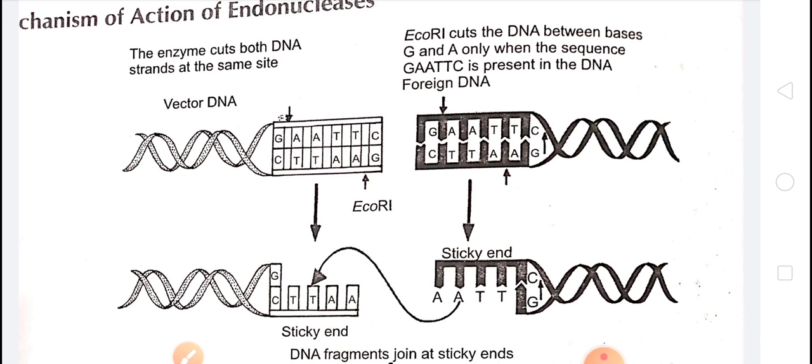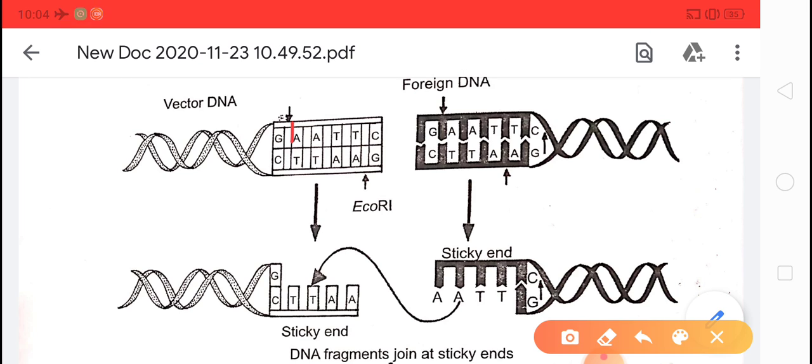Both are cut at the same site, from G side to G side here, and they form the sticky ends. You can see these sticky ends in the picture. These sticky ends are joined together by DNA ligase.